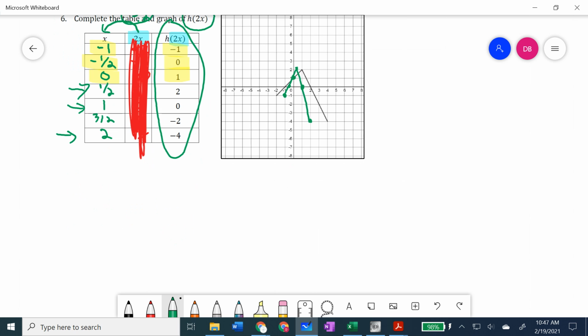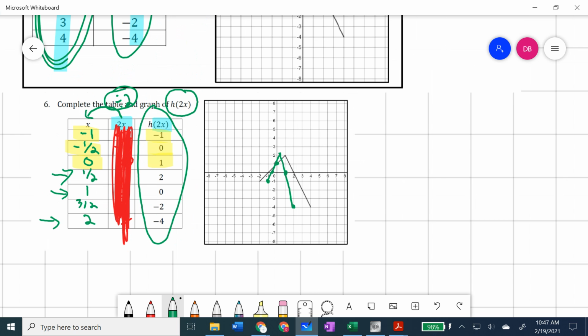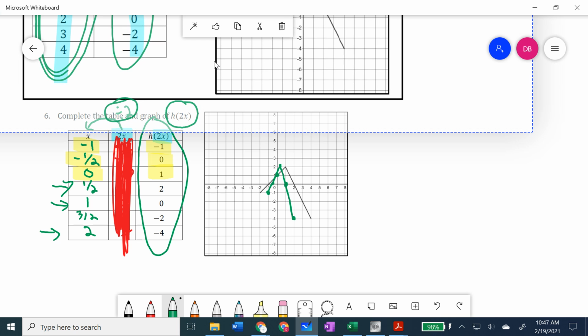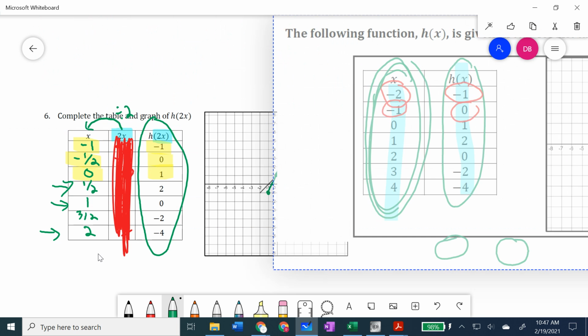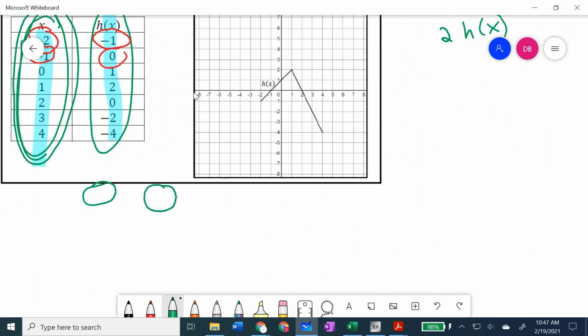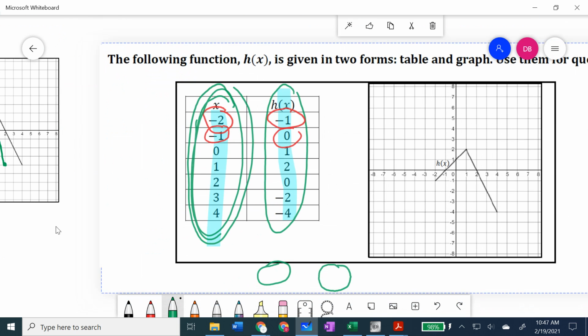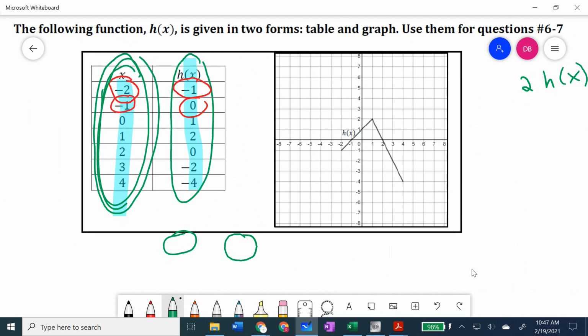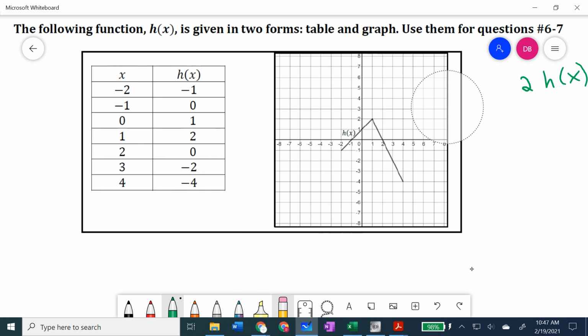Now, the next problem, and I'm going to take this picture and I'm going to move it. And I'm going to erase it, and then I'm going to take a screenshot of the next problem and bring it over.